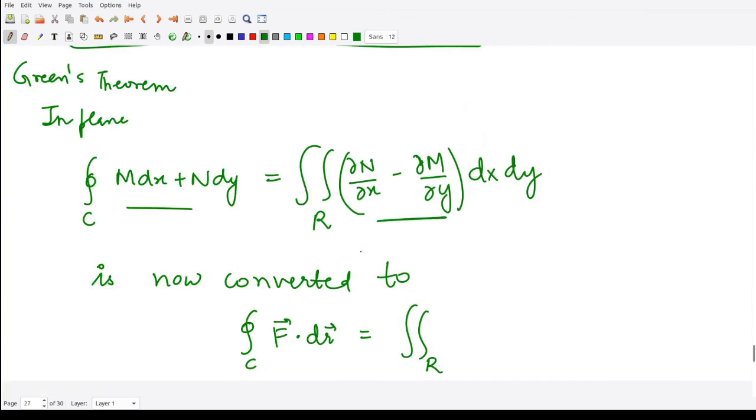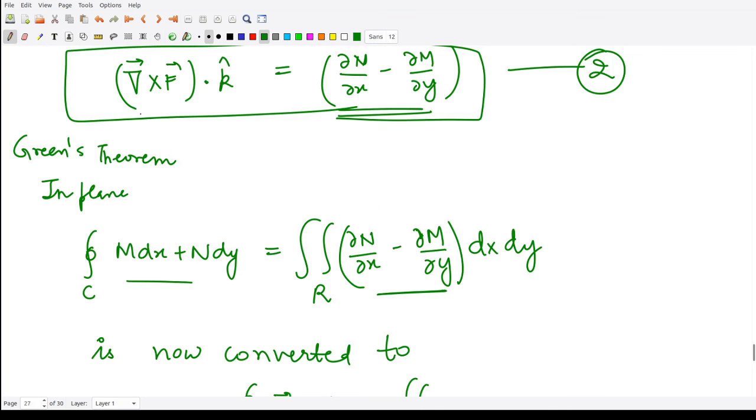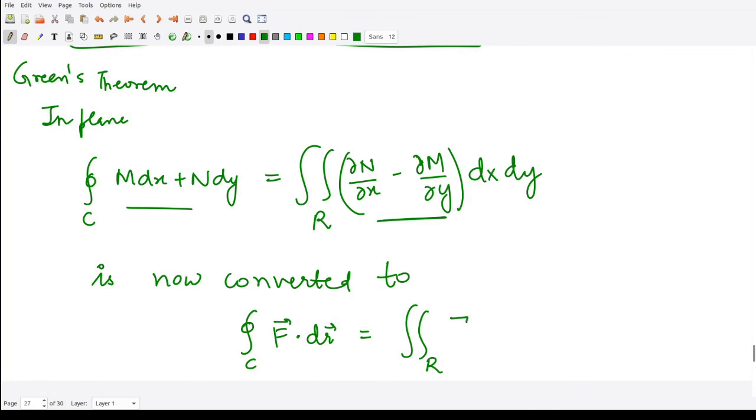So we have del cross f dot k times dr. Instead of dx dy I can now write dr, where dr is actually dx dy only. This is just for the writing purpose.